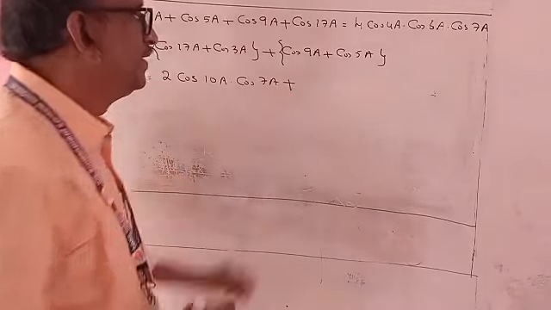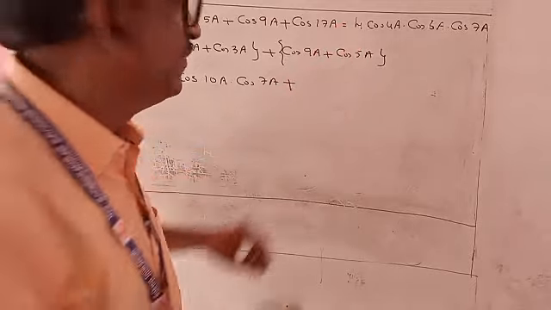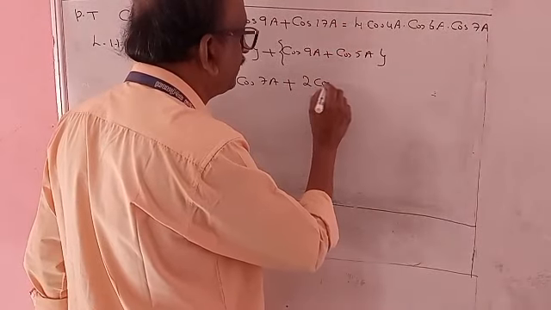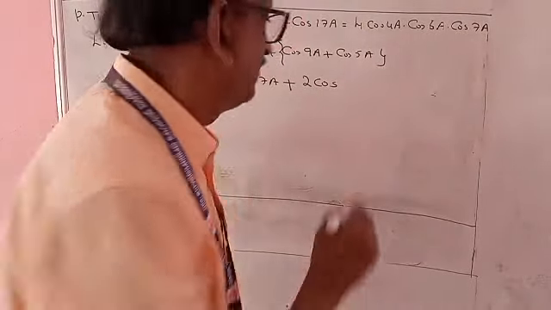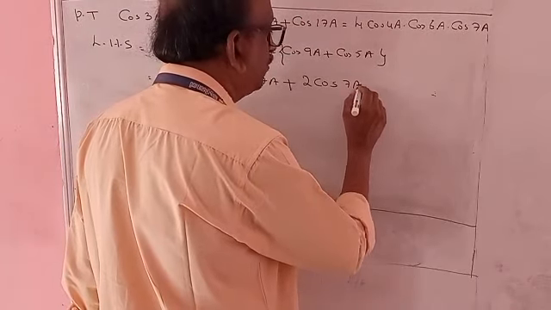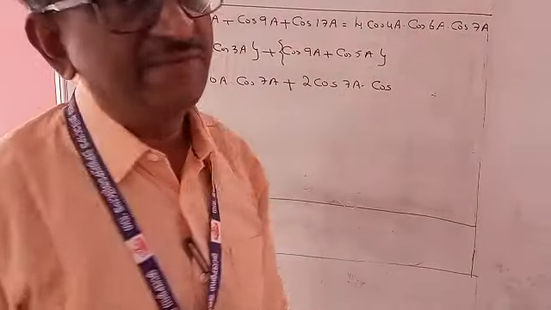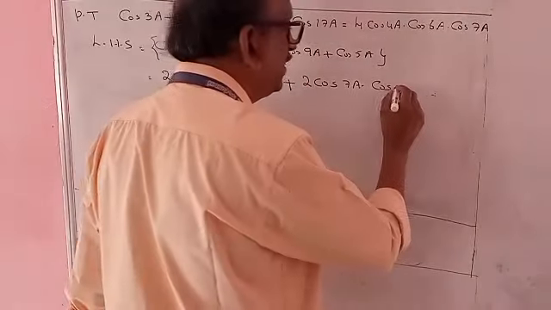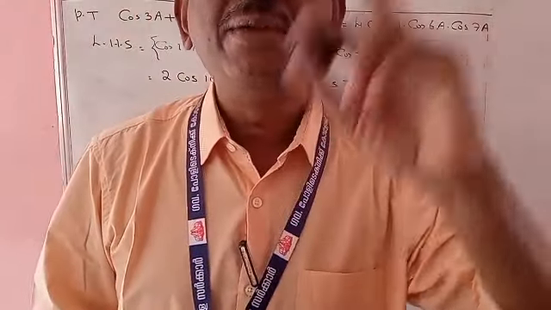Plus cos c plus cos d, apply the formula 2 cos (c plus d) by 2. 9a plus 5a is 14a, 14a by 2 is 7a, into cos (c minus d) by 2, 9a minus 5a is 4a, 4a by 2 is 2a.